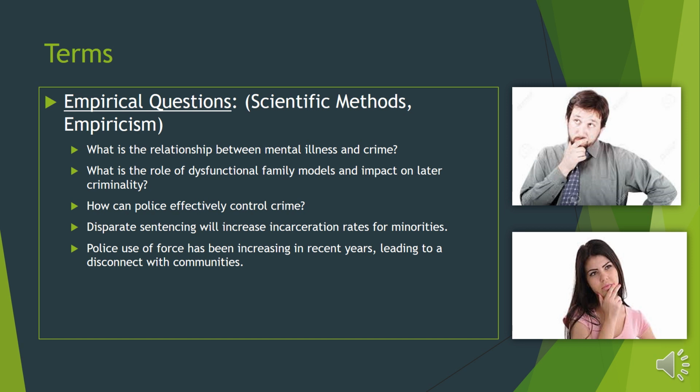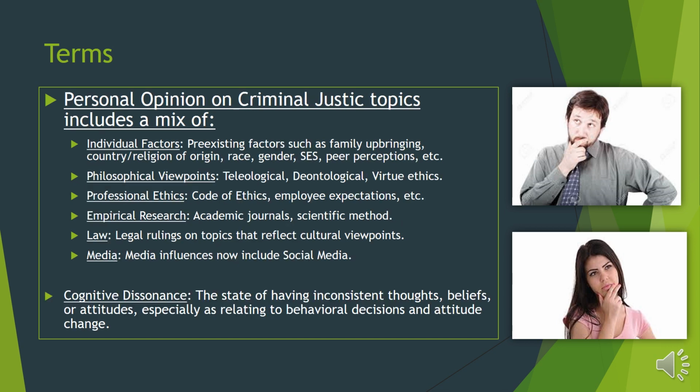So we're moving more from hypothetical questions into measurables, such as what's the impact of a dysfunctional upbringing on criminality later in life? How can police change strategies to effectively impact crime? What's the impact of differences in sentencing and issues of police practices? So these can all be measured.